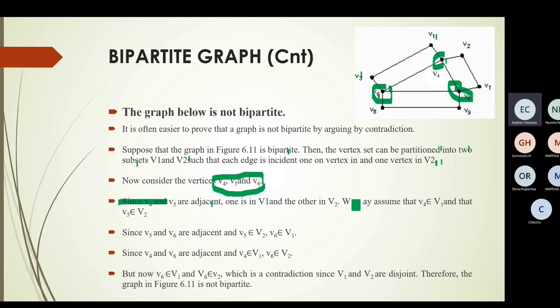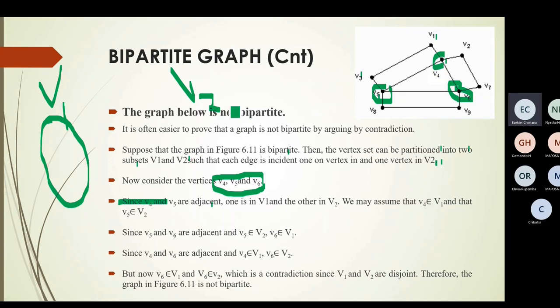one is in V1 and the other is in V2. So we have V1 here and V2 here. Since V4 and V5 are adjacent, we can say V4 is in V1 and V5 is in V2, and we put a line connecting them.